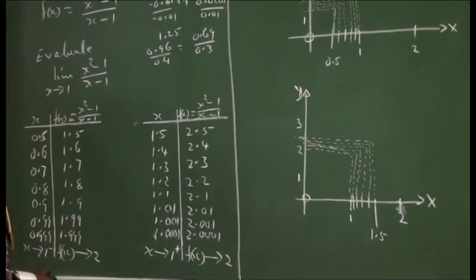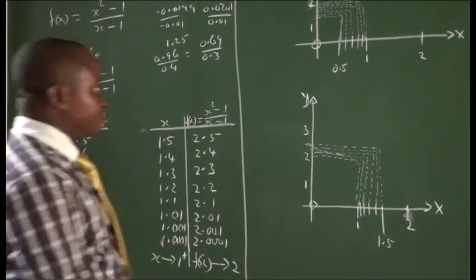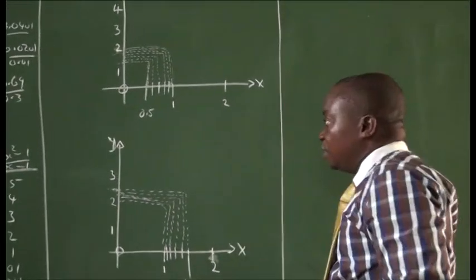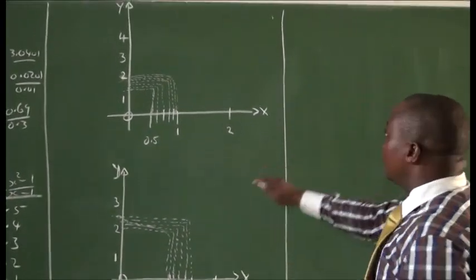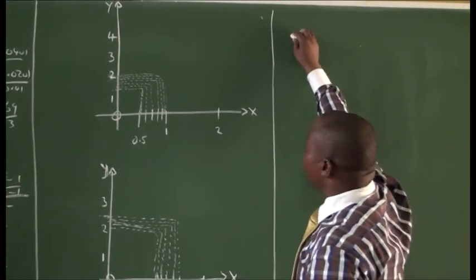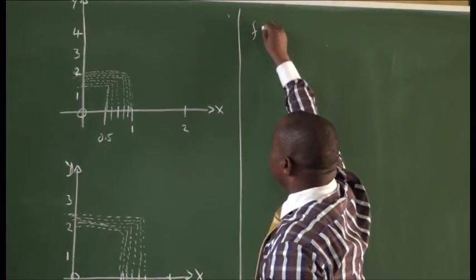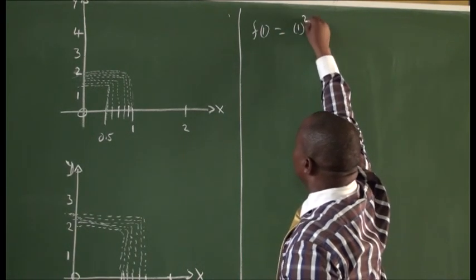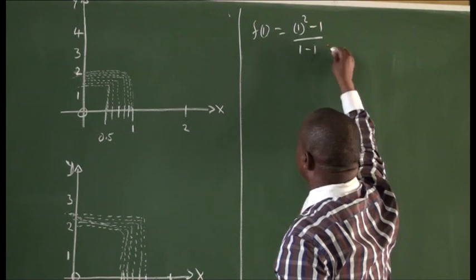Now I want us to also bring out the properties again, things that we can detect quickly in this demonstration. If I find f of 1, for instance, f of 1 will give me 1 squared minus 1 over 1 minus 1.